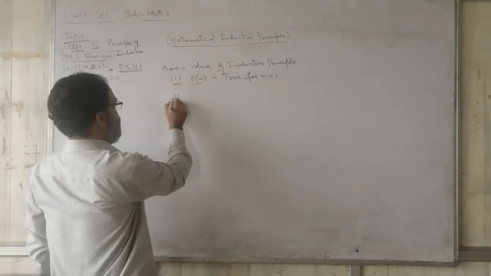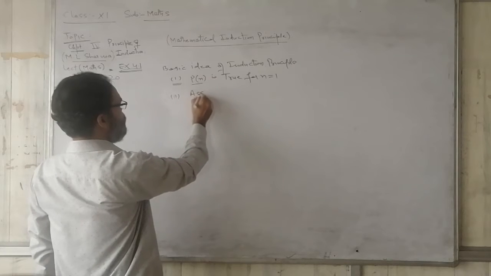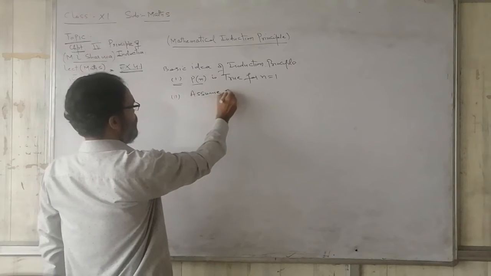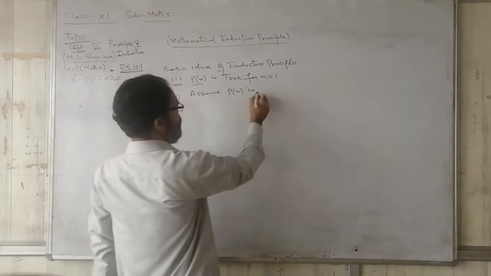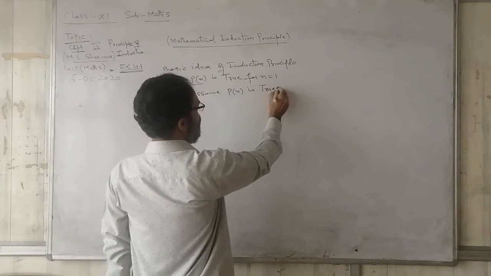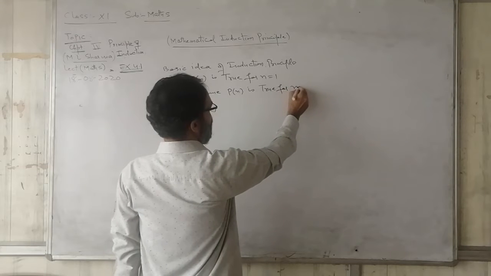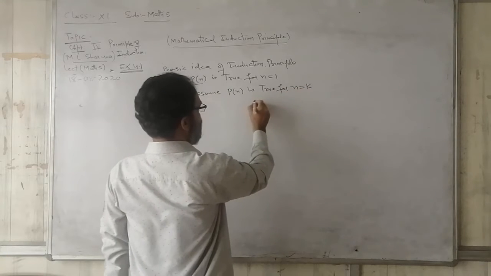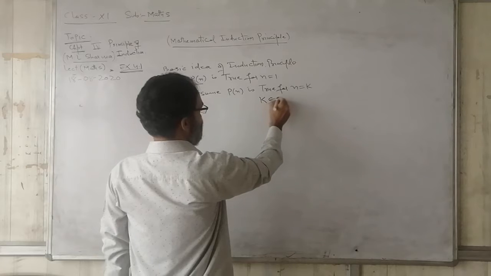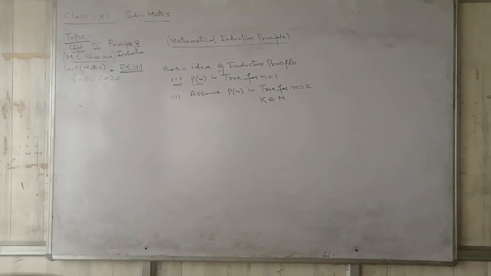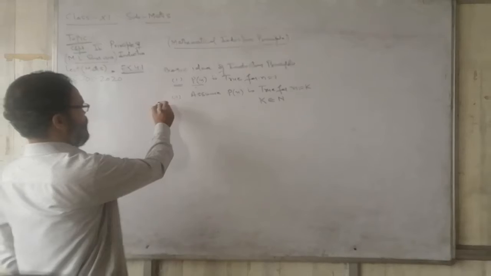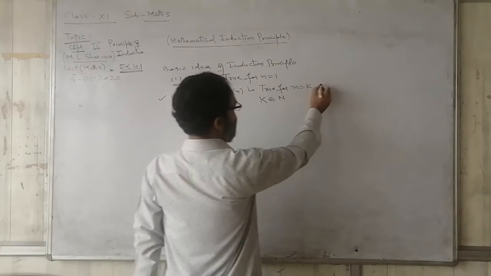In second step, we assume the same statement is true for n equal to k, where k is a positive number. We have to take k equal to 1, 2, 3, 4 and so on. This is the second step.